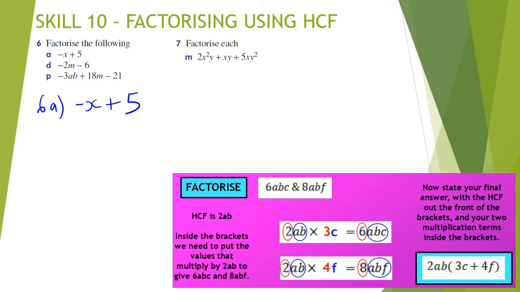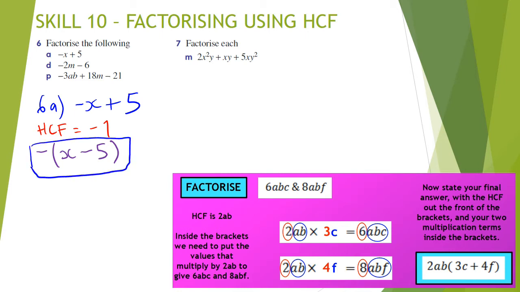If we go with negative 1, then we would have a negative sign out the front, open bracket, negative 1 times x gives negative x, and negative 1 times negative 5 gives positive 5. And that would be our answer. Minus sign out the front of x, take 5.